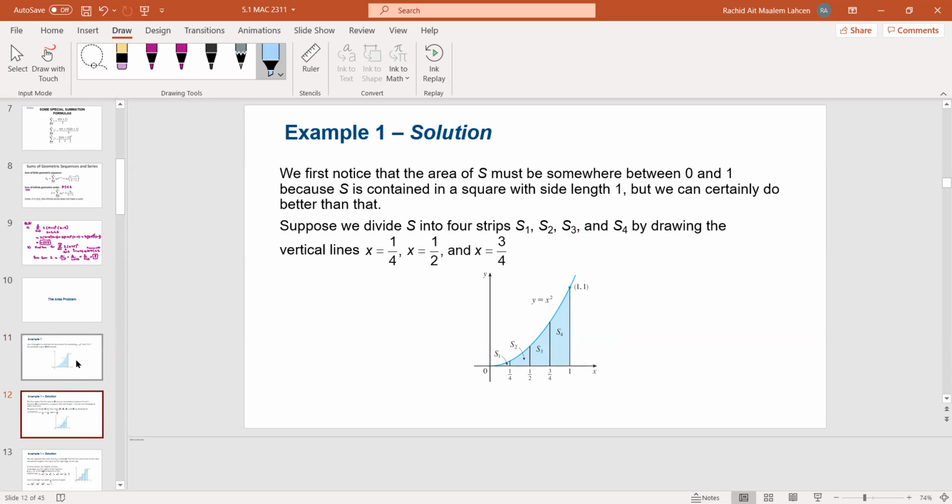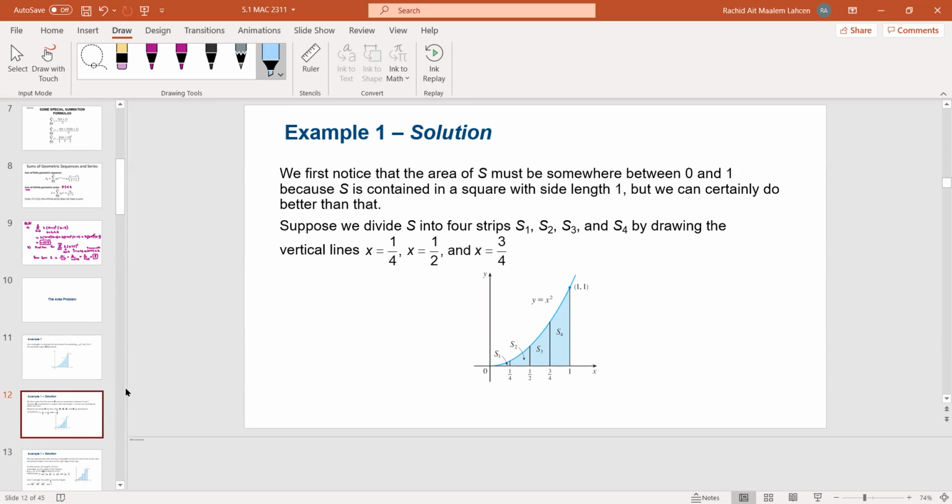So to figure out this part, the traditional thing that will help us understand the integrals later is we start with breaking apart this area into strips. Let's say we decide to divide it by 4. So the width of each one is 1/4.